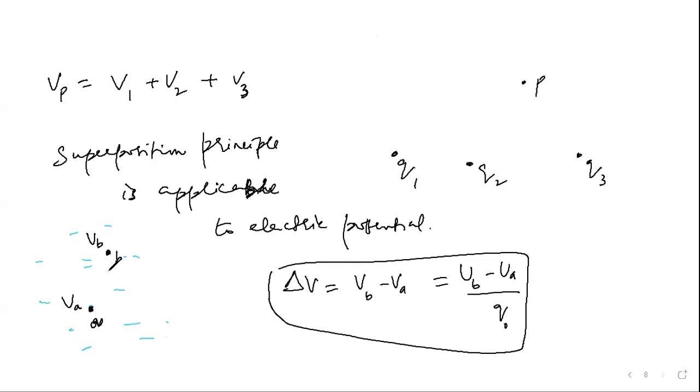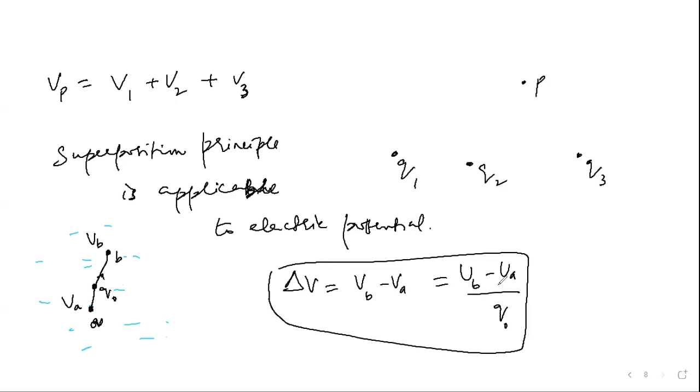Now, if we move the test charge Q naught from A to B, then the change in electric potential, delta V, VB minus VA, will be equal to change in potential energy per unit test charge.